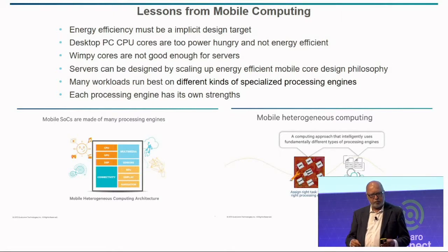The other thing we notice in the world of mobile computing is that many workloads run better on different engines. So we have a DSP, a GPU and a CPU in the mobile SoCs. And depending on the workload, you run those on these different engines. Why can't we do that in the server domain also? That might be a better way of pushing performance than just adding more cores.